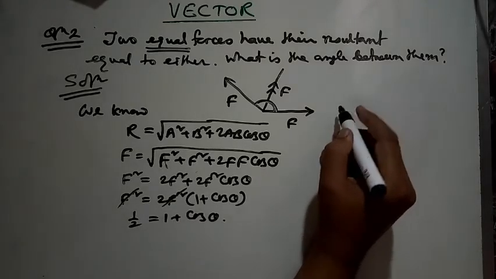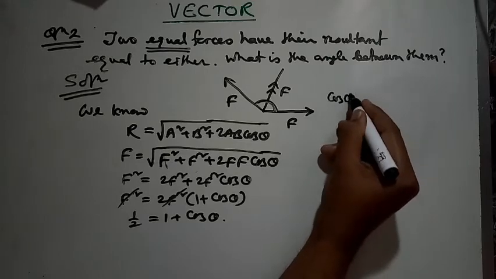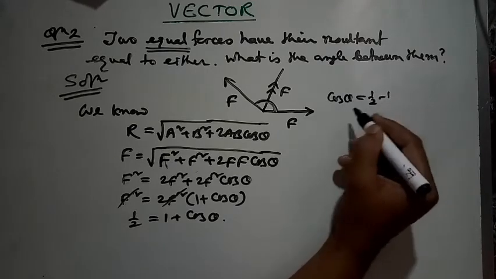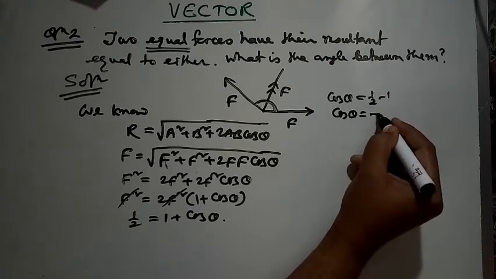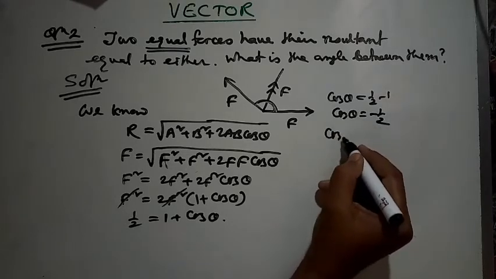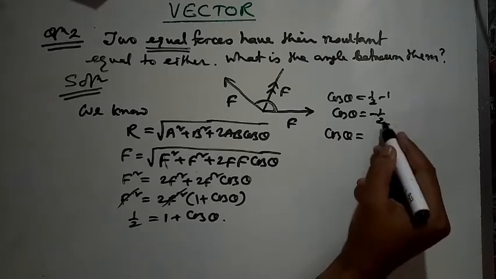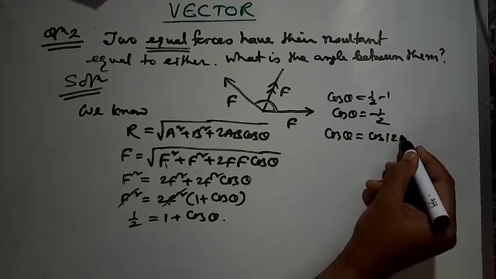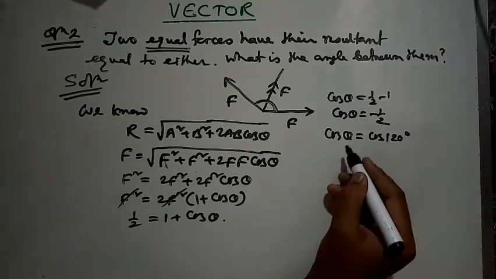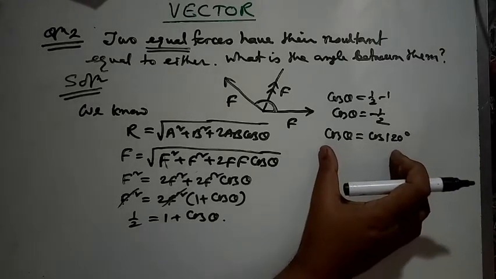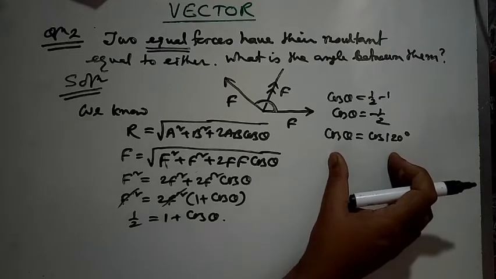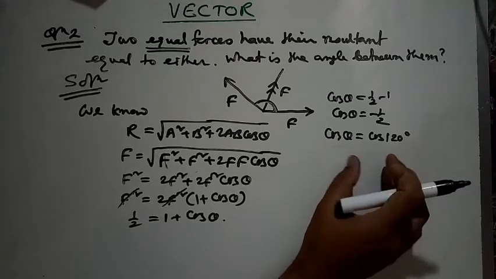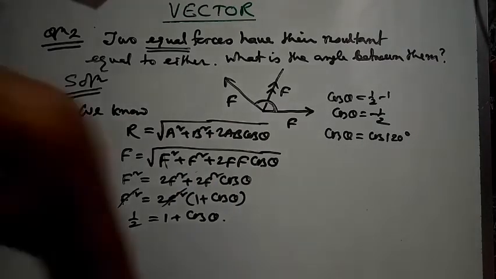It means cos theta equals half minus 1. See, cos theta equals minus half, and you know cos theta equals minus half when it is cos 120 degrees. This is already discussed in the basic mathematics part, so if you want, you can go for that topic also.